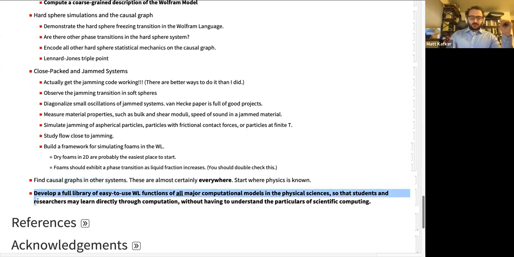And then just as a final thing here, I talked about this a little bit at the beginning of the problem list. A full library of easy-to-use modular Wolfram language functions with every major computational model that people use to do research in the physical sciences. This is a ridiculously audacious task. This is like a career-level task.